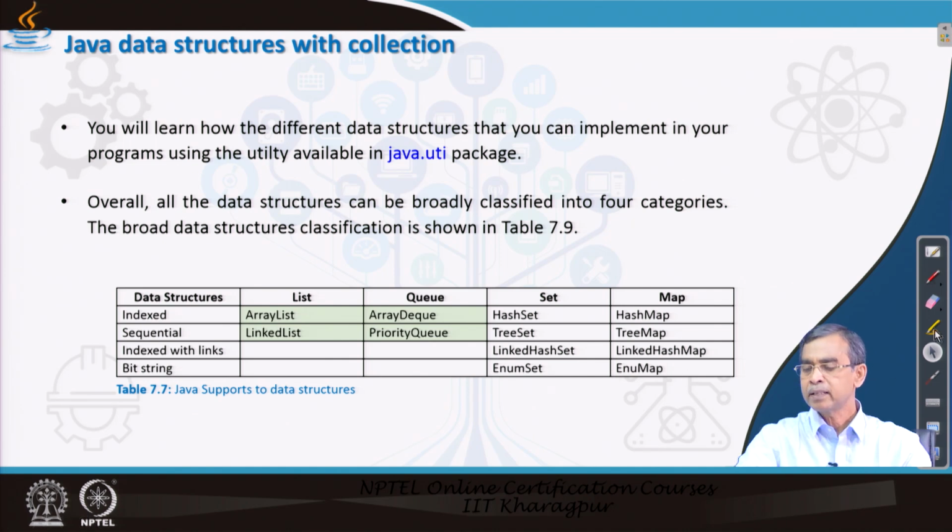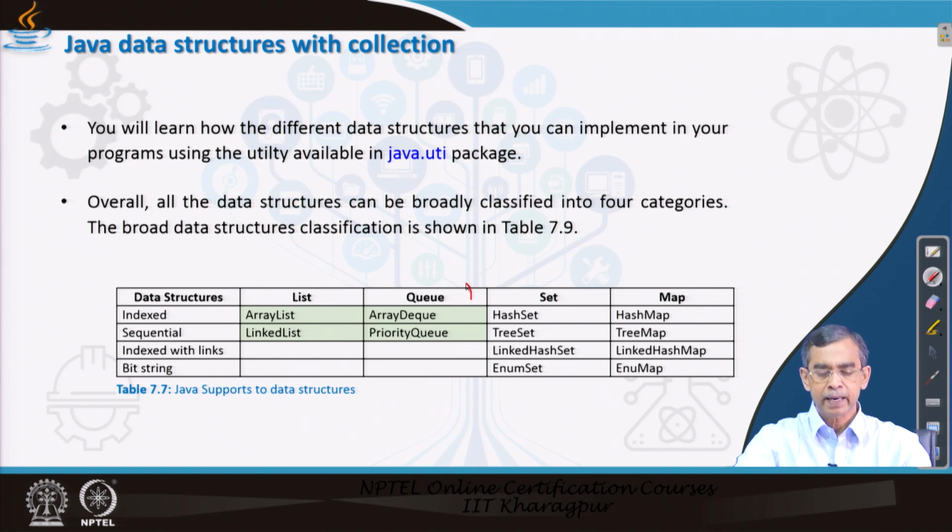They can be categorized into this kind of form, either indexed or sequential. The ArrayList class is an indexed type to maintain an array of elements. The LinkedList is a sequential type, that means it is in sequential form. ArrayList is an indexed form. Now, ArrayDeque is again another indexed representation, and PriorityQueue follows the sequential representation.